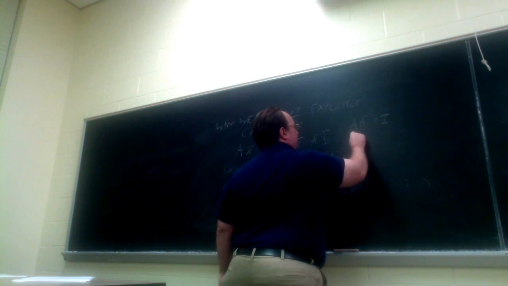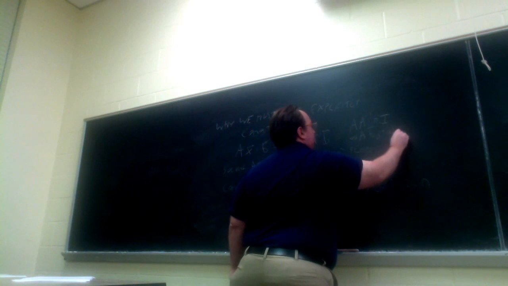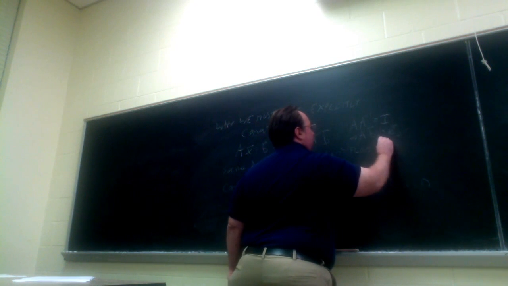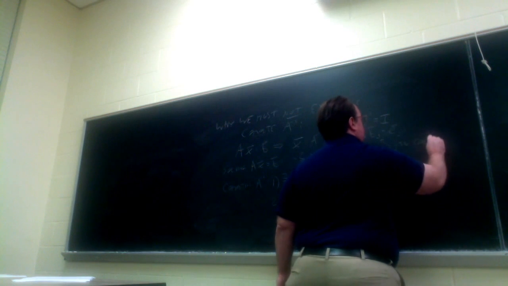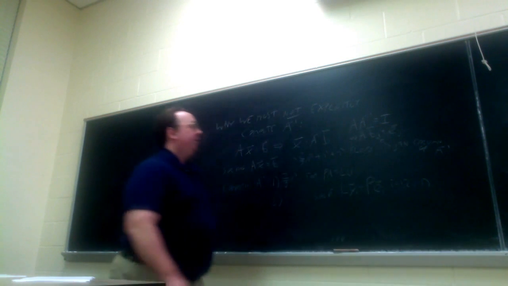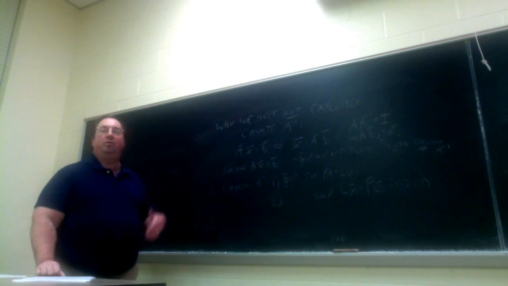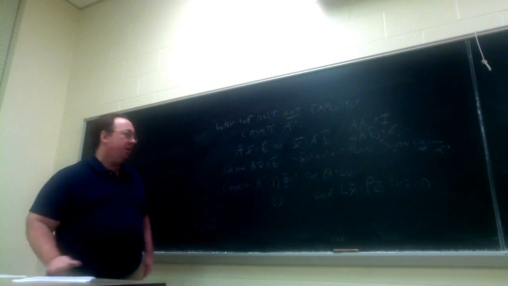So column by column, you have A bj = ej, where bj is the jth column of A inverse. So that's what we're doing. We're solving Ax = b n times, once for each column.